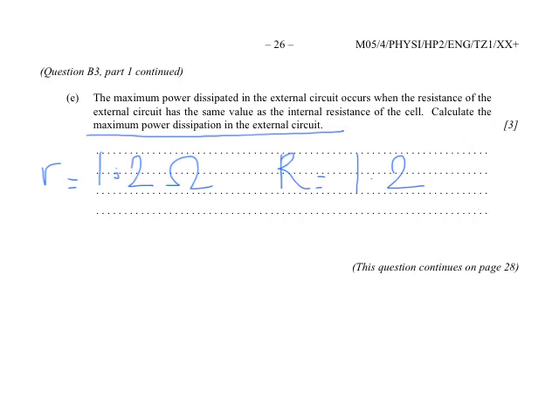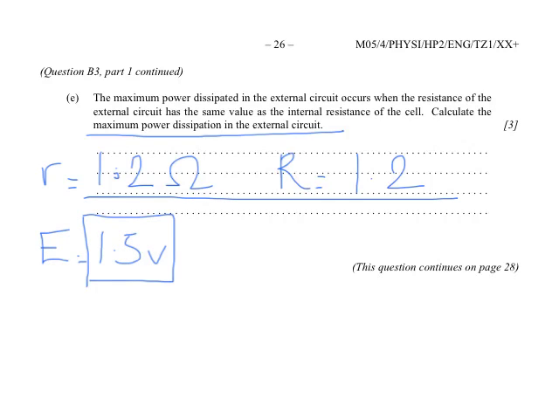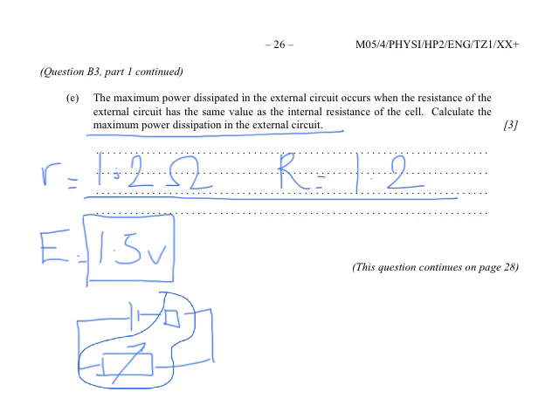Well, what other information did we get from the graph? We also got from the graph that the EMF is equal to 1.5 volts. So we have the voltage and the resistance. Now this will allow us to work out the current flowing through the external resistor. If I draw out the circuit, we know that the total resistance of both of these together is 1.2 plus 1.2.